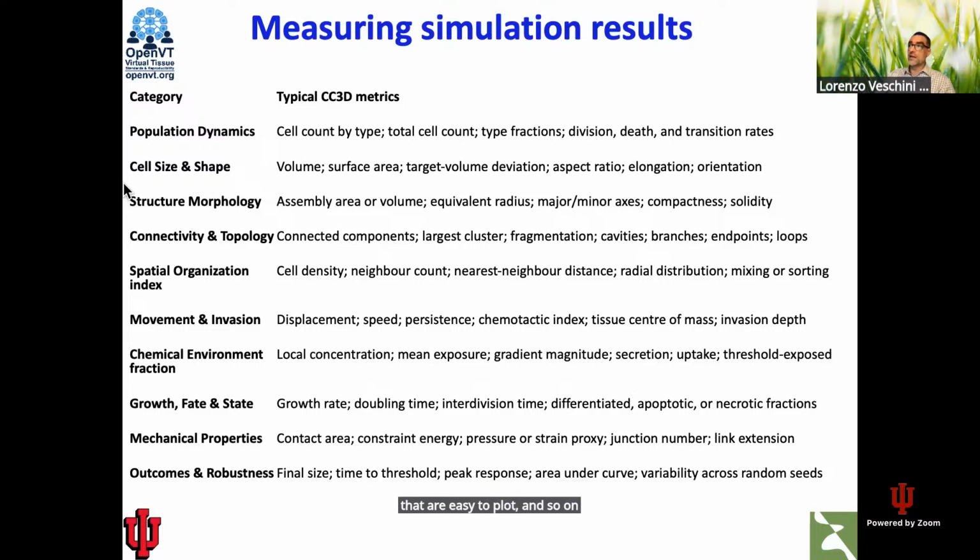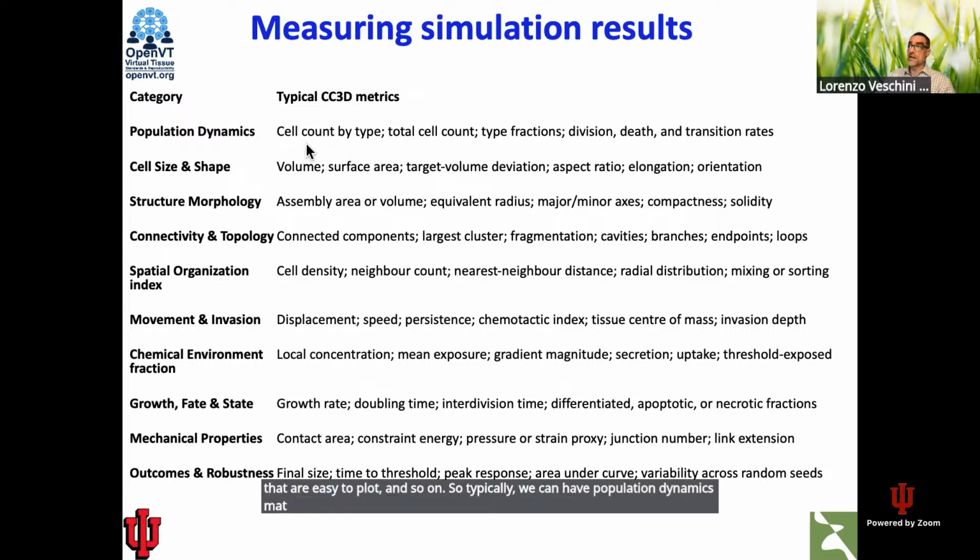Typically we can have population dynamics metrics, so cell count by type, the total, the variance, the variance over time, the fraction, derived metrics, like transition rate if they differentiate, all sorts of things.